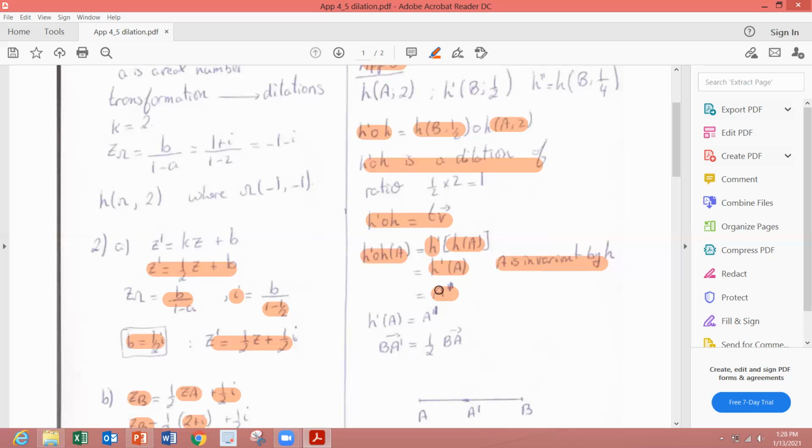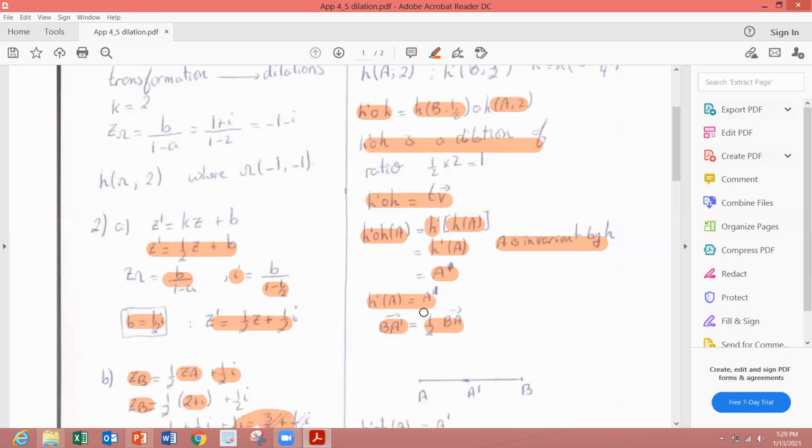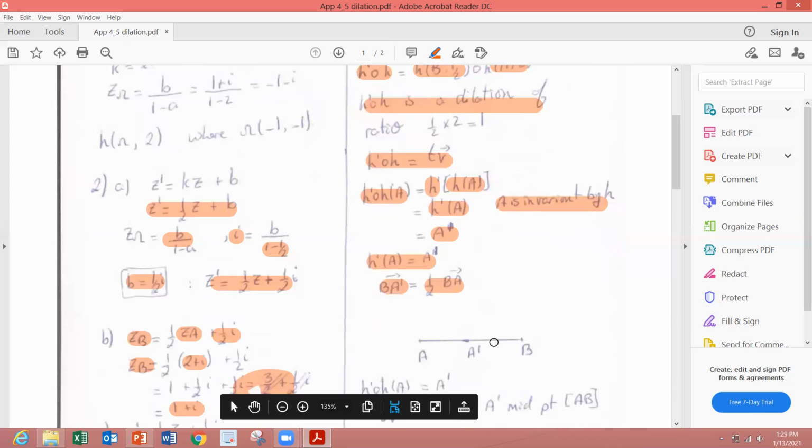Okay. To know where A prime is: H prime of A equals A prime. By the definition of dilation, because H prime has center B, BA prime equals half BA. So A prime is the midpoint of BA, right?